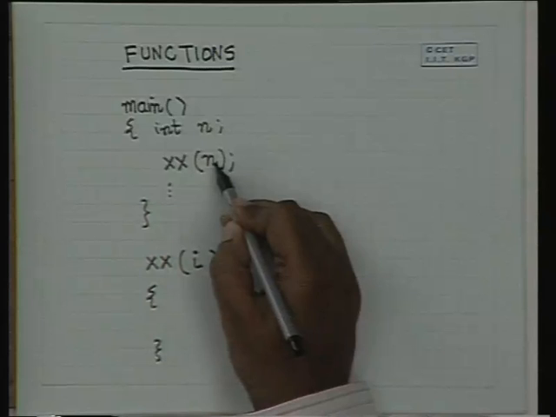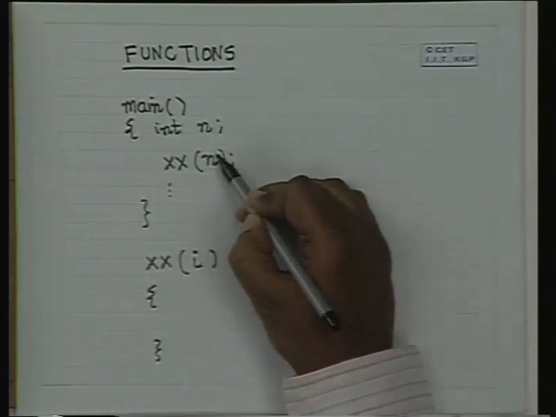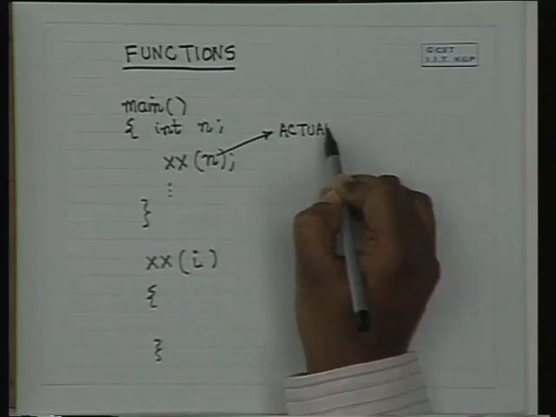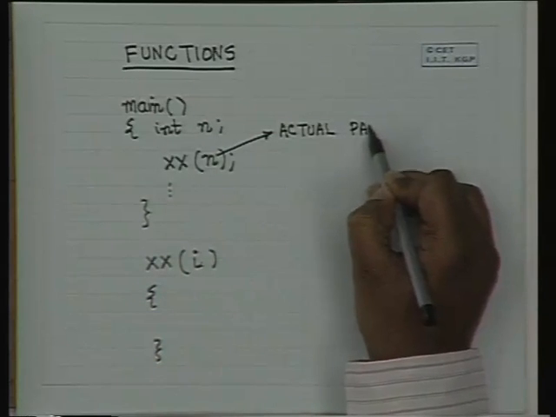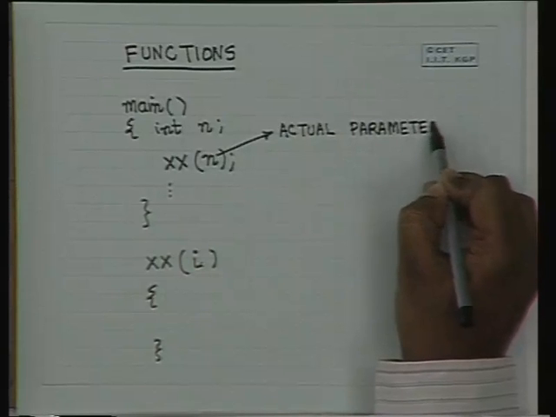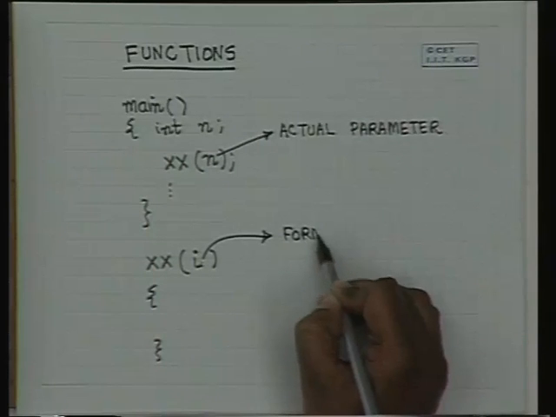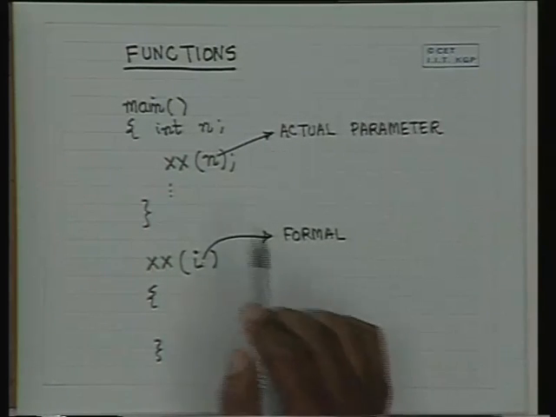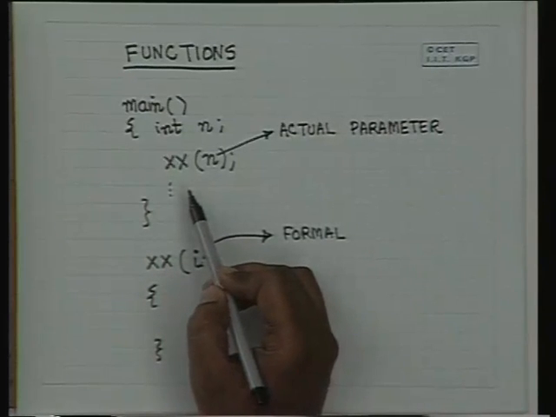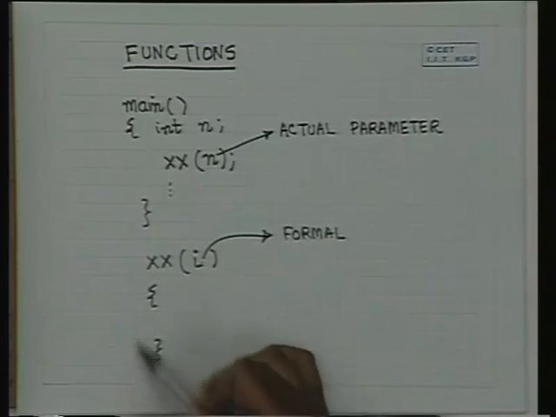There are 2 parameters of a function. One is called the actual parameter, and this is called the formal parameter. Because this xx may be called many times with different actual arguments, and this is the formal parameter, wherever the function itself is declared.